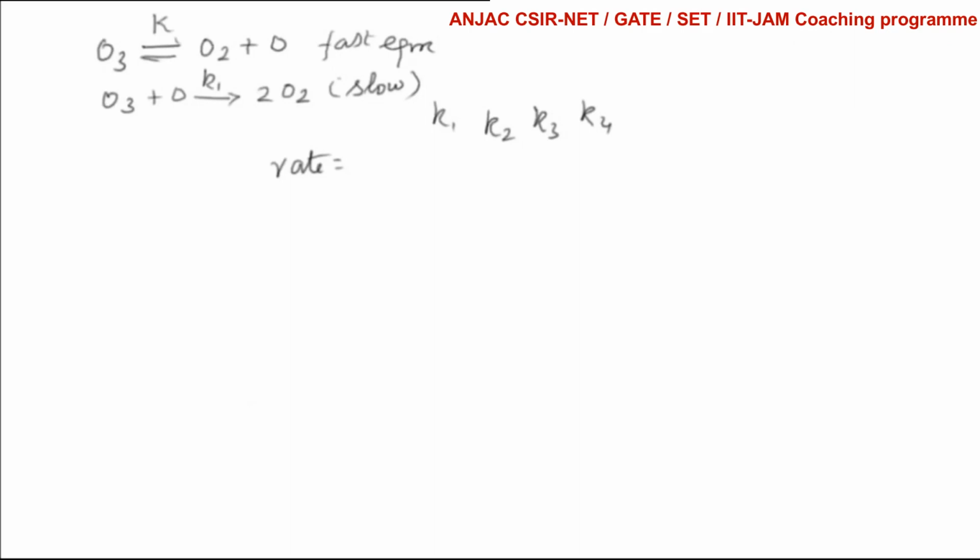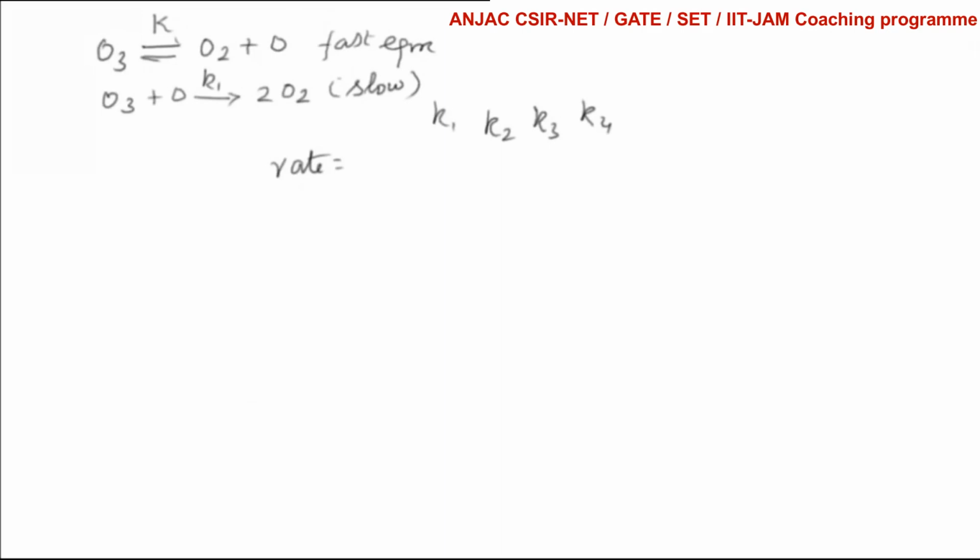From the slowest step, we can write down the rate law equation because that is the rate determining step. And how many molecules are involved in the rate determining step, that is the molecularity of the complex reaction. And the order of the reaction can be decided only after giving the rate law equation.